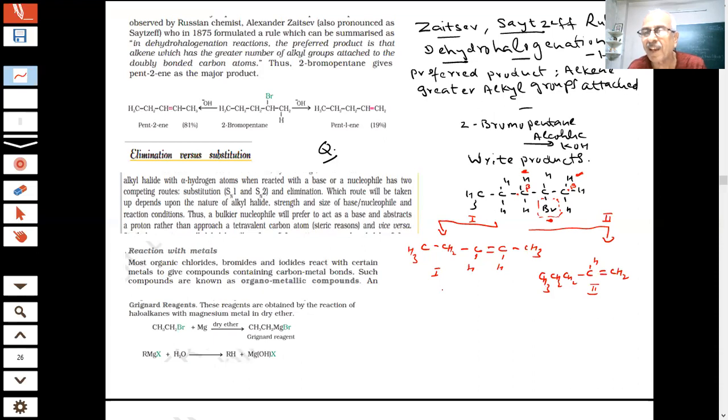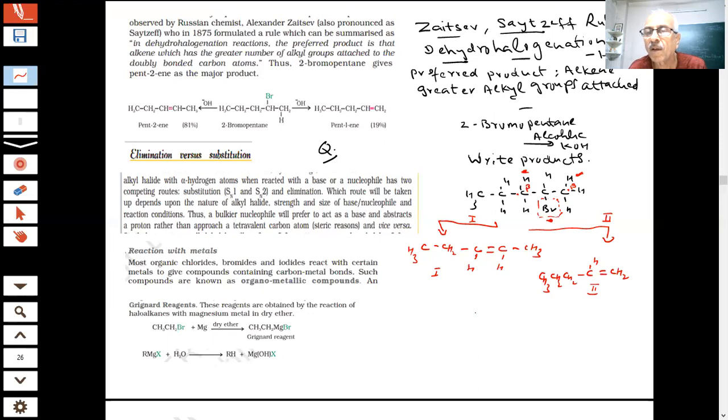Which is a more stable alkene, which has more alkyl groups, students? We have already defined a rule which is called the Zaitsev rule. According to this, which is the more stable alkene, which is the more alkylated alkene, 1 or 2?